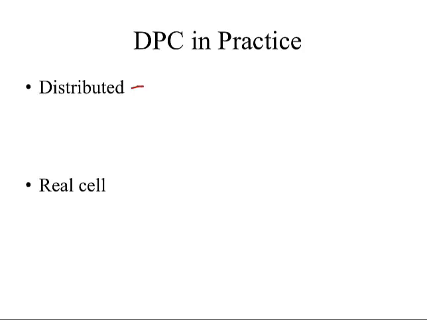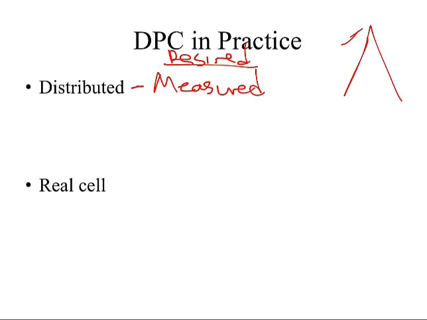So each of these links, all they need to know is the measured SIR, the ratio of the measured to the desired, or the desired over the measured, and that's something that the tower will tell them. So the tower tells each of these links that ratio, and then they just take that and multiply it by their current power level, and that's all they need to keep updating their power level. So they don't need to talk to any of the other devices at all.